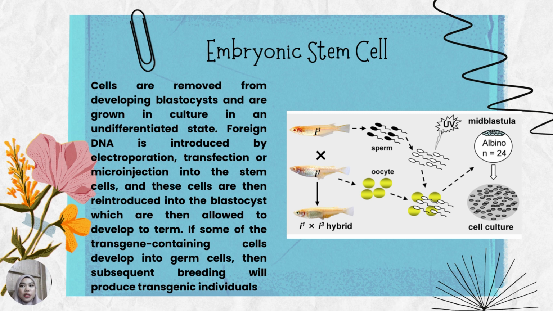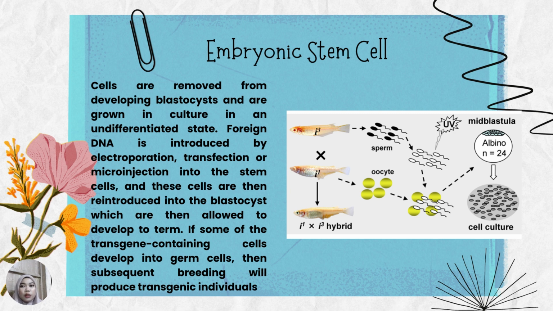If some transgene-containing cells develop into germ cells, subsequent breeding will produce transgenic individuals. This method allows for the pre-selection of cells, increasing the concentration of cells containing the integrated exogenous DNA before introducing them into the blastocyst, thus increasing the chances of producing transgenic individuals.